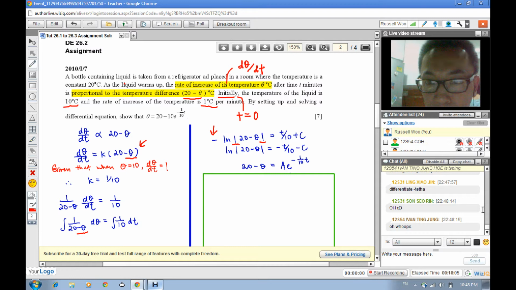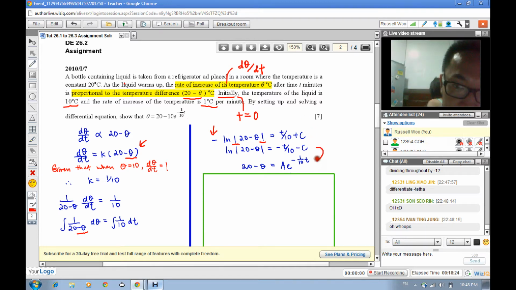Be careful, yeah? Any other questions? From second last line to last line, all okay?